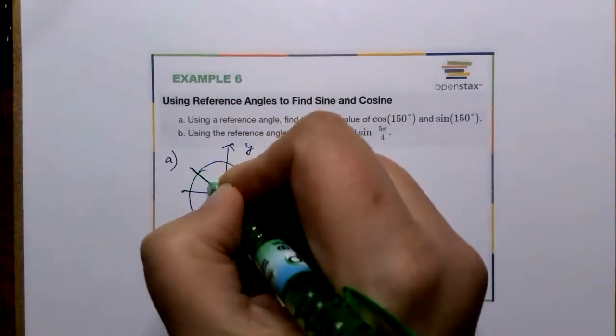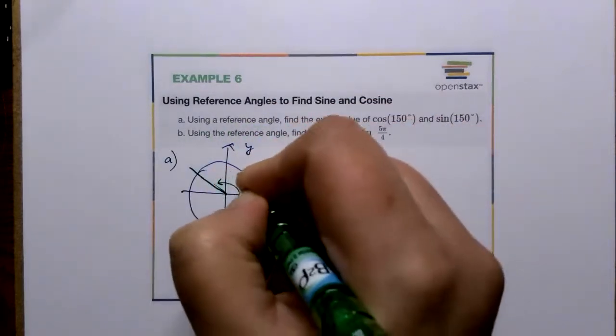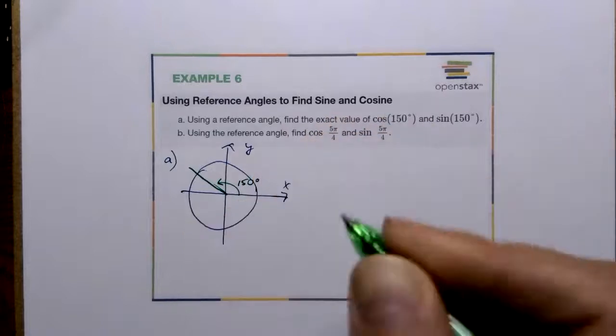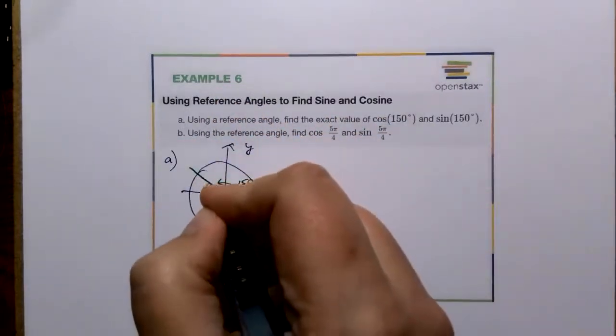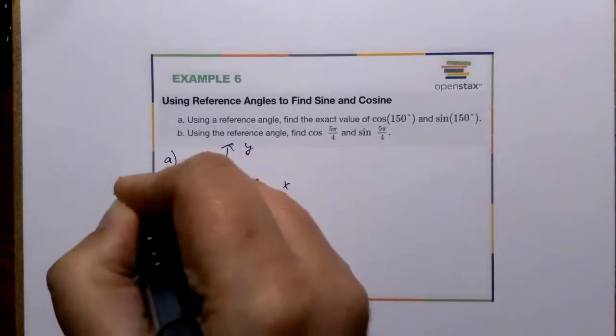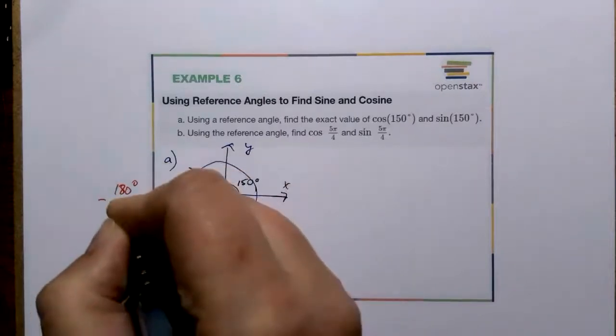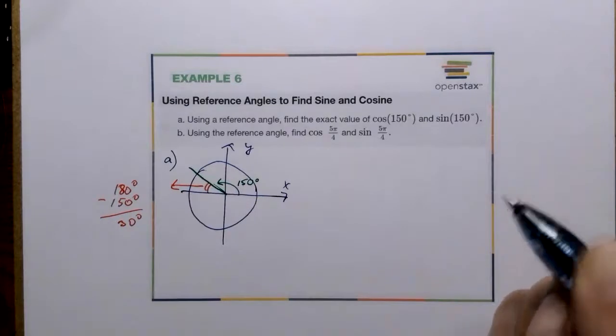It's in the second quadrant. Right here, it's 150. So this piece right here is actually 180 minus 150, so it's going to be a 30-degree angle.